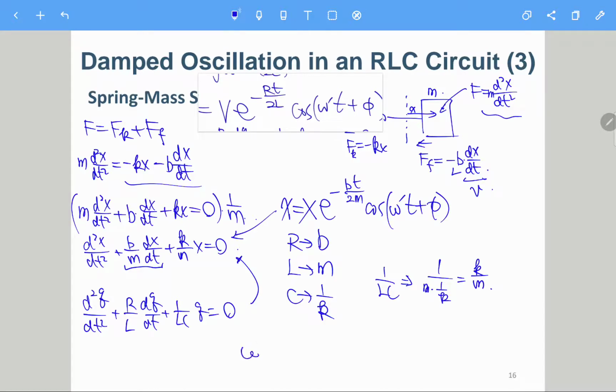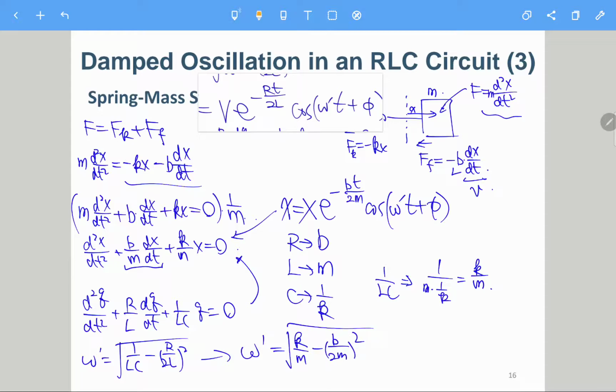And of course omega prime is the square root of 1 over LC minus R over 2L squared. So omega prime here should be, since 1 over LC is K over M, K over M minus B over 2M squared, and then take the square roots.